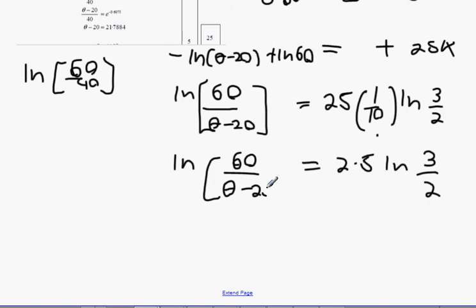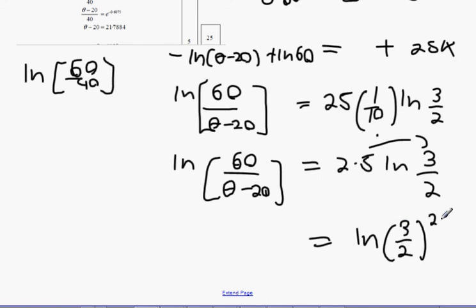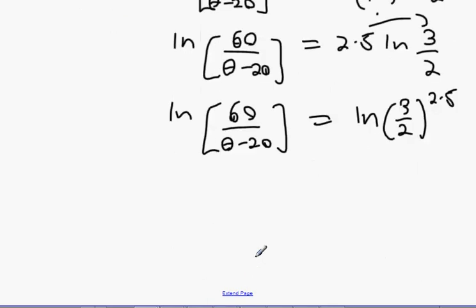Now I can't strike off the ln's at this point because of the presence of the 2.5, but I can use the power rule of logs and bring it in here. So I'm going to get 3 over 2 to the power of 2.5, and then ln of 60 over theta minus 20. Okay, strike off ln on both sides.